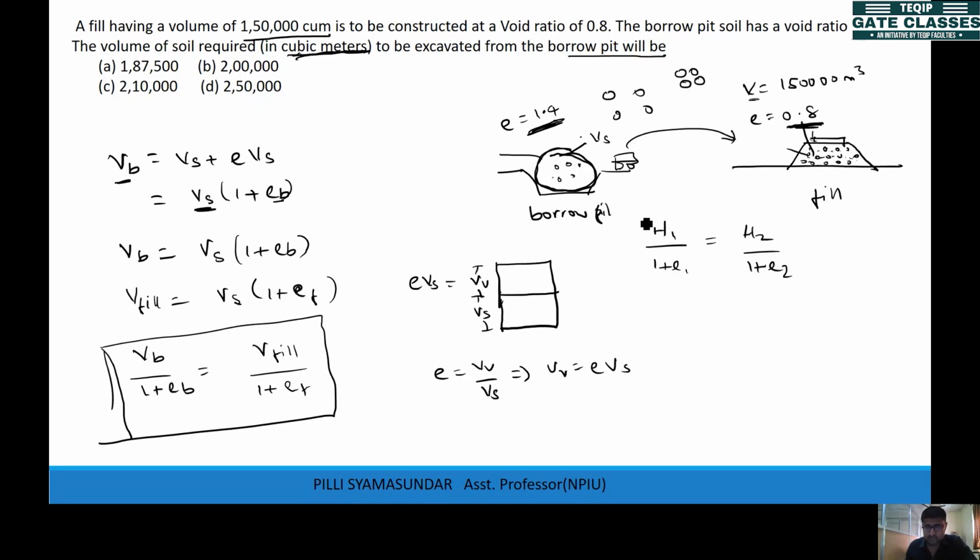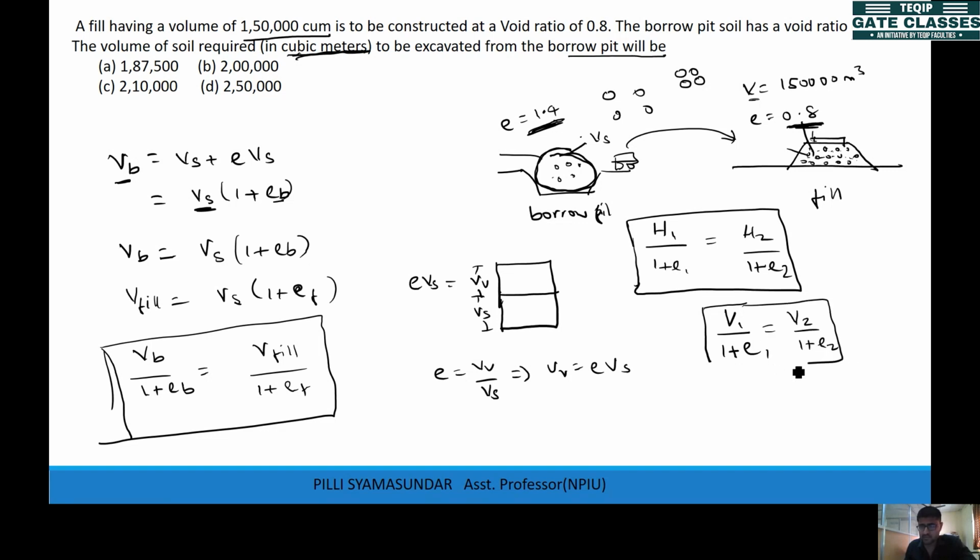So it will be following this relation, heights and volumes, because the solids are not changing. So in compaction or volume change problems, volume by (1 plus e) will generally be constant. So this will be useful in most cases, right?